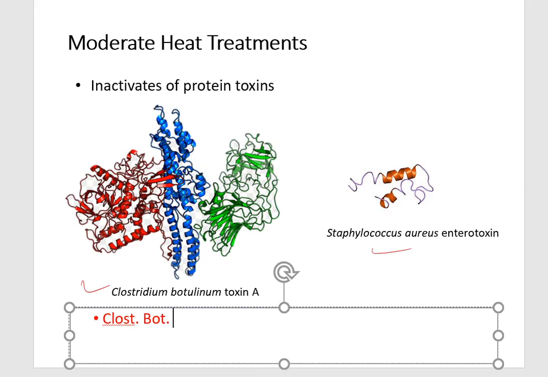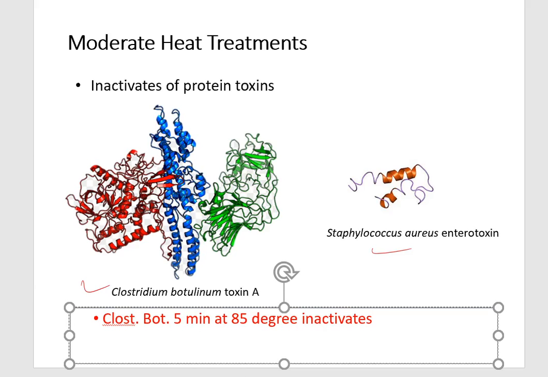How can we inactivate? 5 minutes at 85 degrees Celsius is enough. It inactivates that toxin.